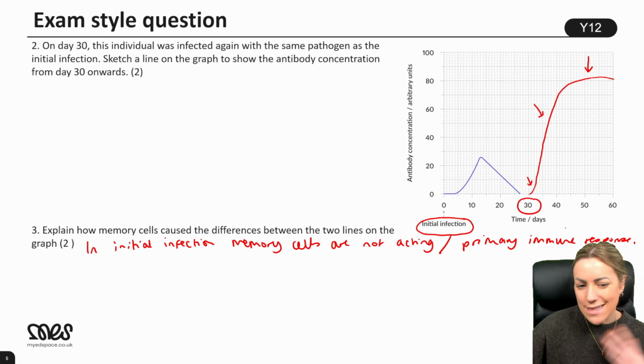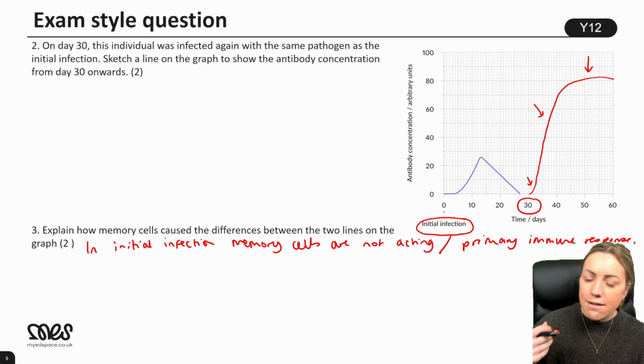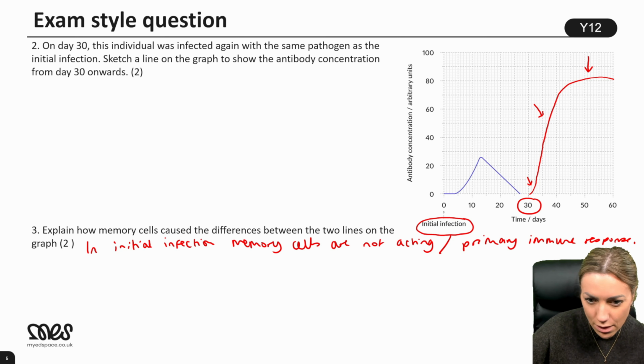So remember, it takes time. We've got to activate the correct B lymphocyte. It's got to undergo clonal selection, clonal expansion, and differentiate into the plasma cells to make the antibodies. There is going to be a delay. There's no memory cells acting in the primary immune response. Yes, we do make them following that immune response, but there's no memory cells being activated in that primary immune response. So that could get us 1 mark.